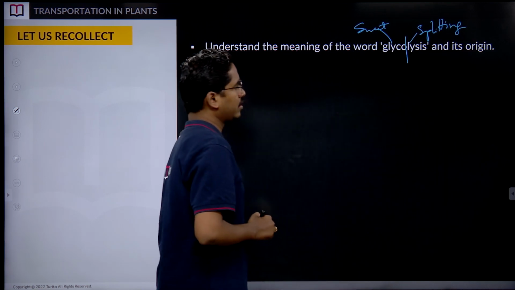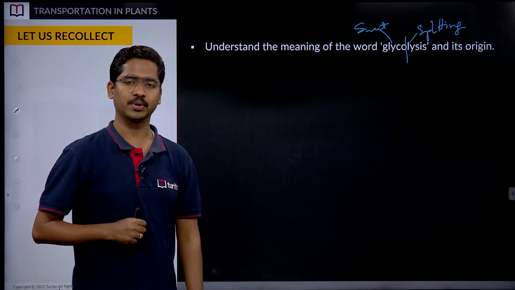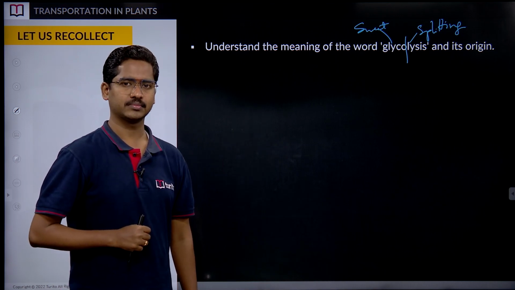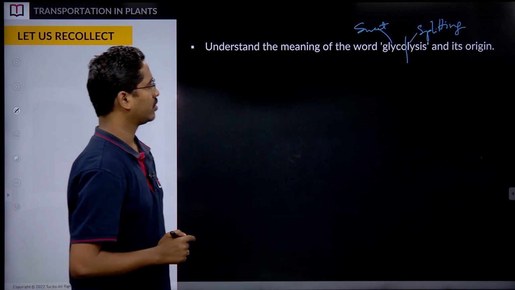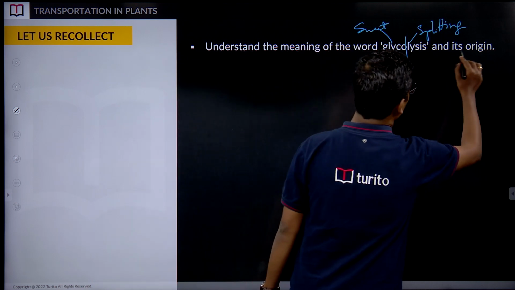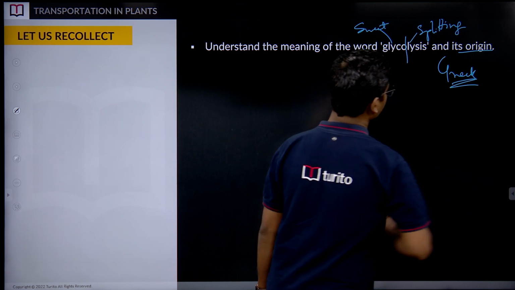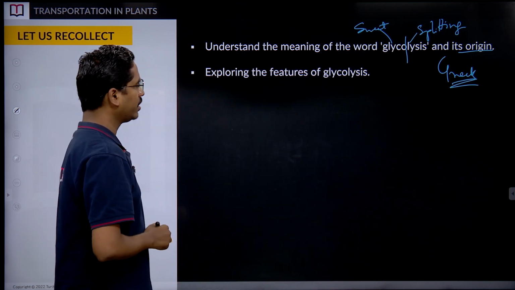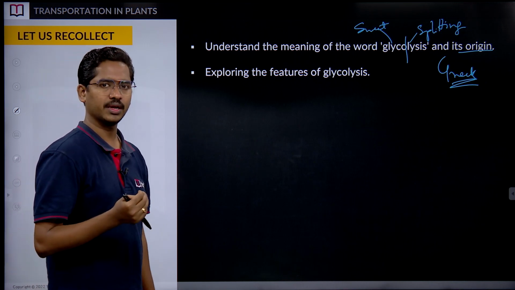Can anyone tell me where this word originated from? Okay, correct. So, it is quite simple. I see many of you are responding. It has originated from the Greek language. So, this we did, and we understood the different features of glycolysis.